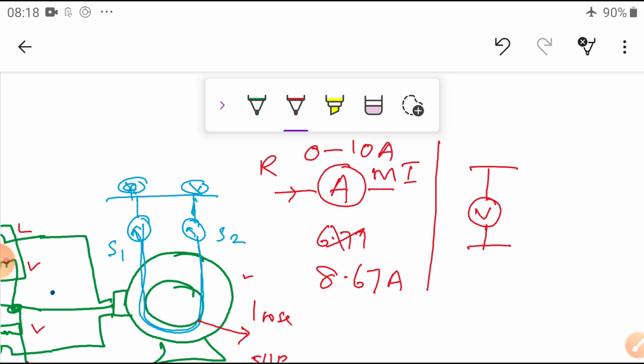So here what is the voltage? The voltage is 410 volts. That's why you connect a range of 0 to 500 volts, and the type is moving iron AC. These are the voltmeter values.